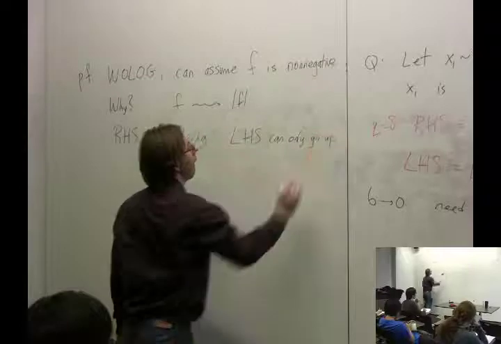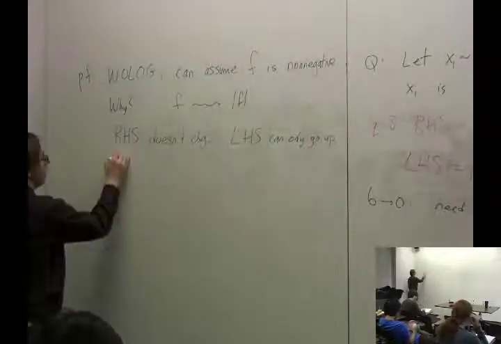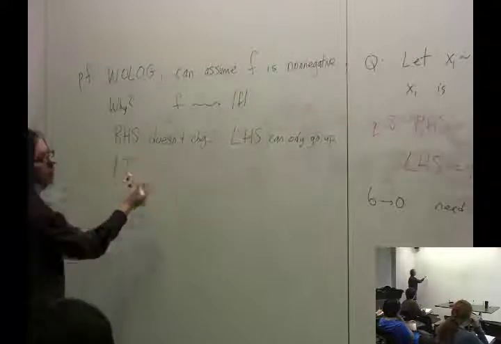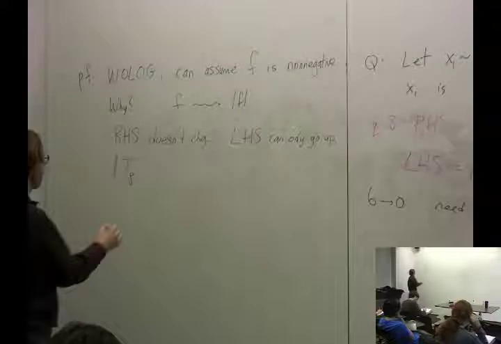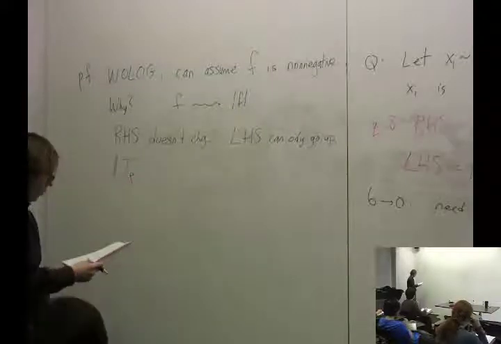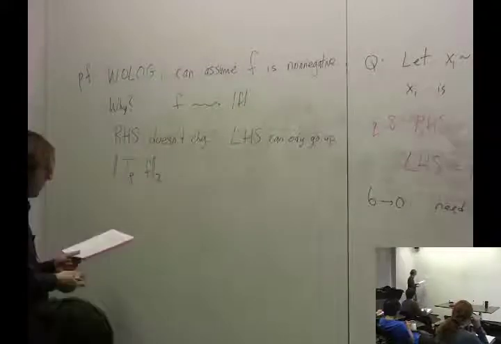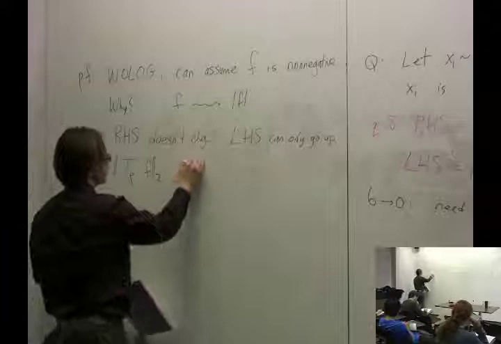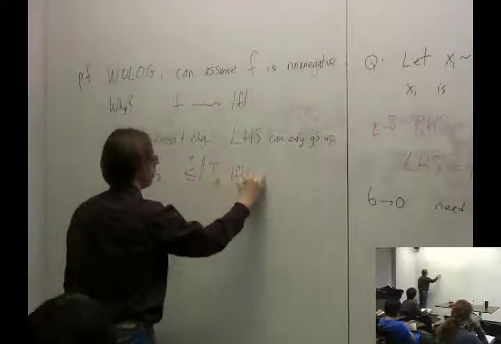Let me not waste too much time on that, but the left-hand side is T rho, where rho is root p minus 1. We're trying to show that this is at most the 2-norm of T rho applied to the absolute value of f.